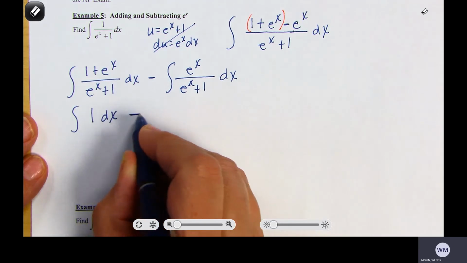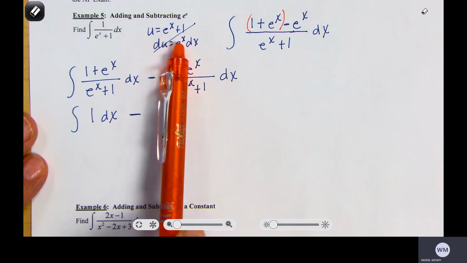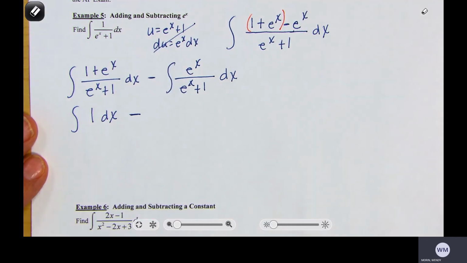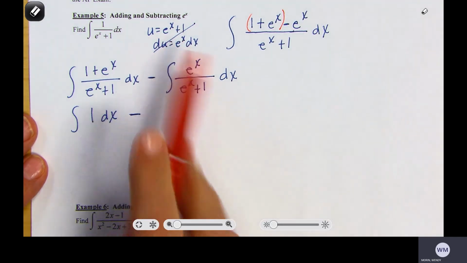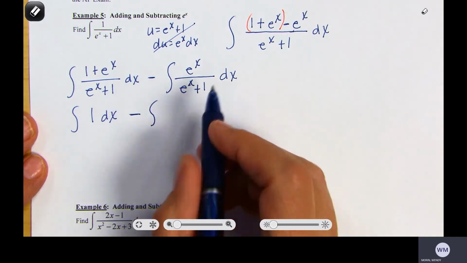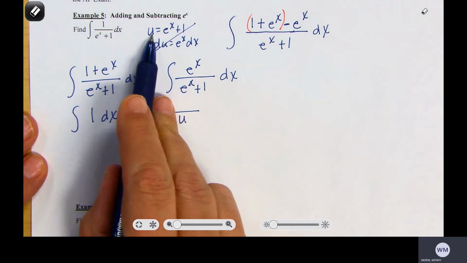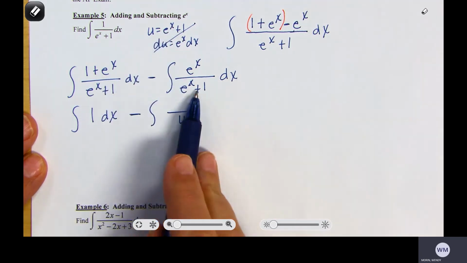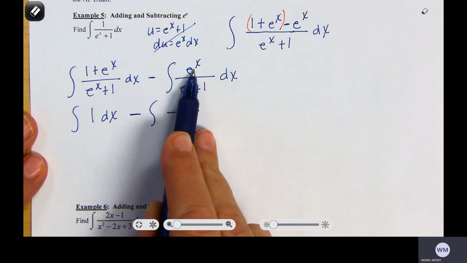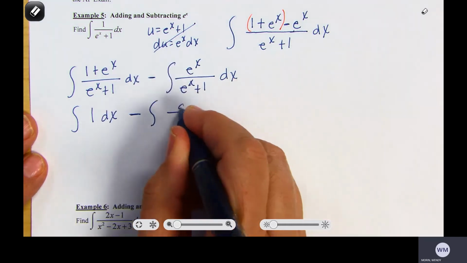And on this one, now I can use this up here, can't I? I'm asking you to integrate, u equals e to the x plus 1. So what is e to the x dx? du.